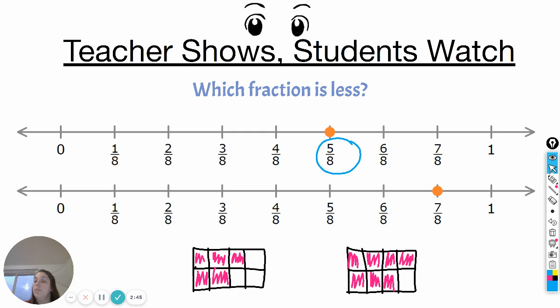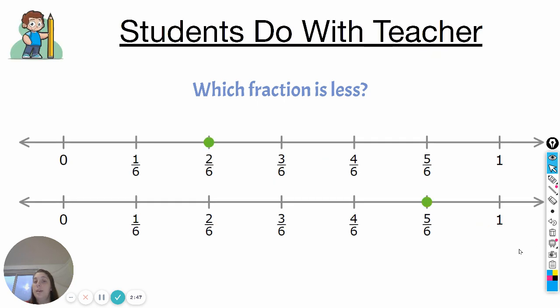Let's go ahead and have you do one with me. I don't need you to draw the number lines because that's going to take us a bit of time. We're just going to look, we're comparing 2/6 and 5/6. Now remember, we figured out if we're trying to figure out which one is less, less means it's closer to the 0, okay?